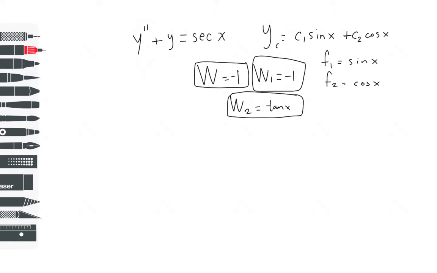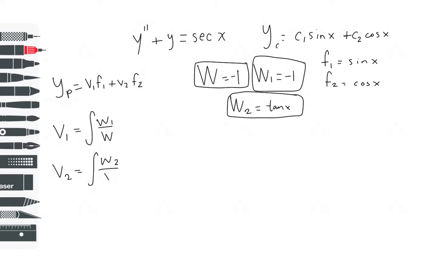Now that we've got this information, the particular solution yp has a template: v1 f1 plus v2 f2. v1 is equal to the integral of Wronskian sub 1 over the Wronskian, and v2 is equal to the integral of Wronskian sub 2 over the Wronskian.